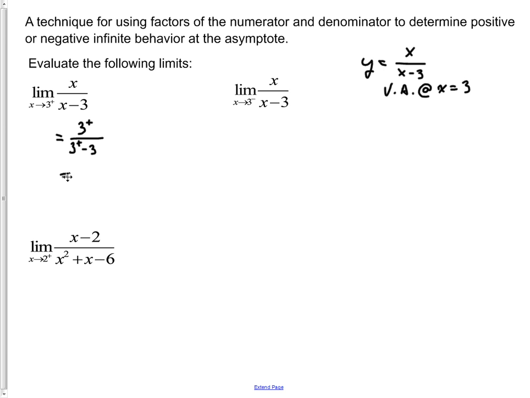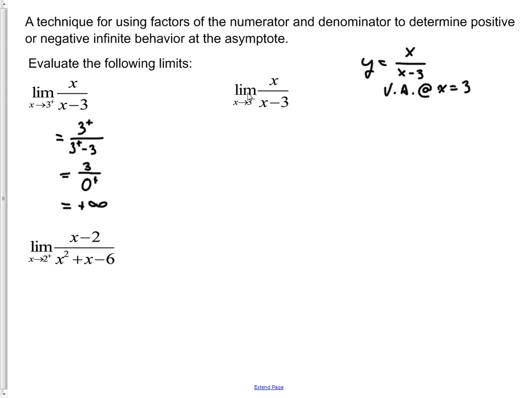Now remember, as we're approaching 3, a little plus symbol, that's a positive number. That's positive 3. In the denominator, however, we're taking a number slightly larger than 3, say 3.01 minus 3, right? That means we're coming close to 0 from the right. We get a positive value over a positive value. This function tends towards positive infinity as we approach x equals 3 from the right.